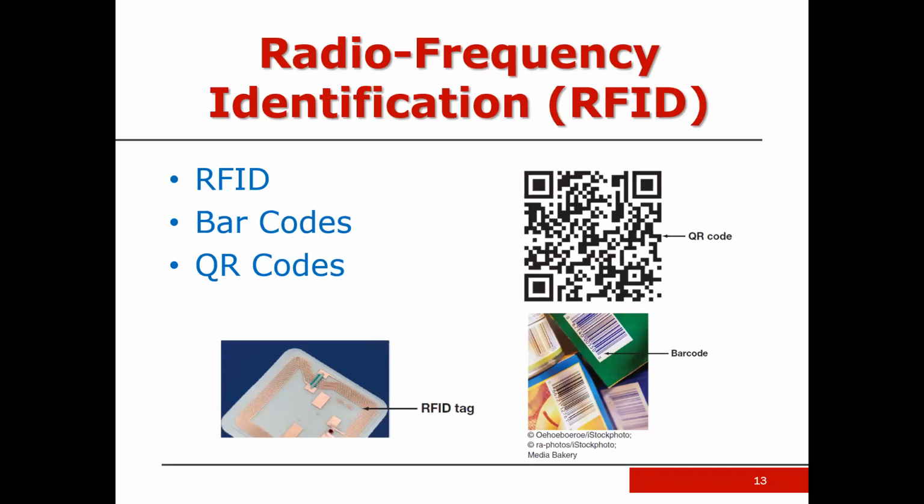An improvement on the barcode is the QR code. Many of you have used it and scanned it from your cell phones. These allow an optical reader, like a camera in your cell phone, to connect to a back-end server, which gives extended information about whatever is assigned to that QR code.